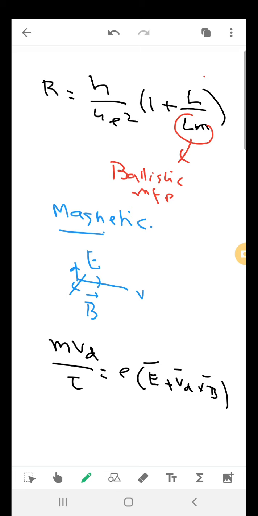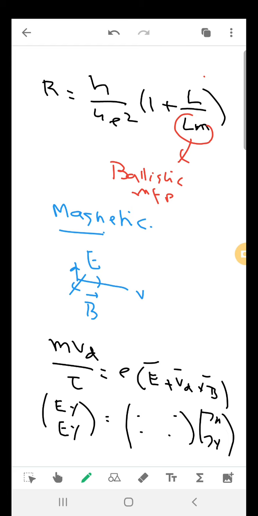And due to this, we get different values. Writing it in different components, we can have an Ex component and an Ey component. They will be related by some matrix to the Jx and Jy components. You can represent this in terms of a matrix.